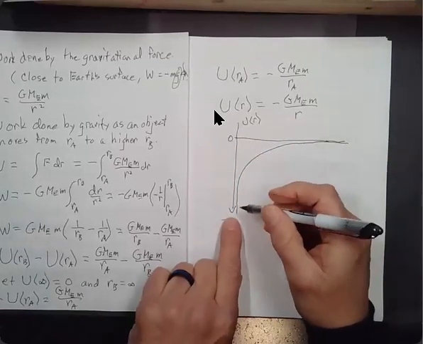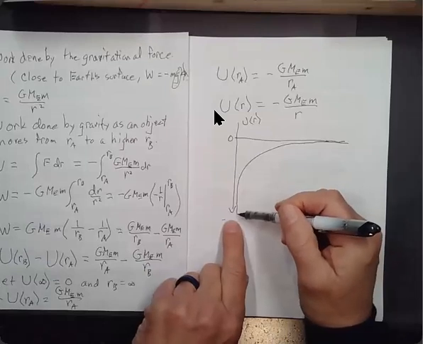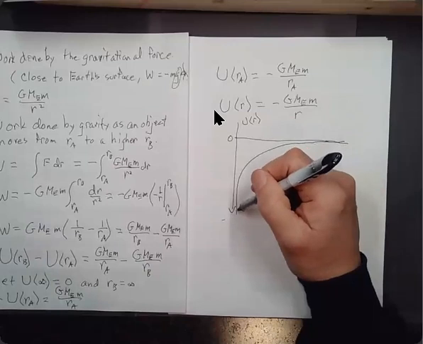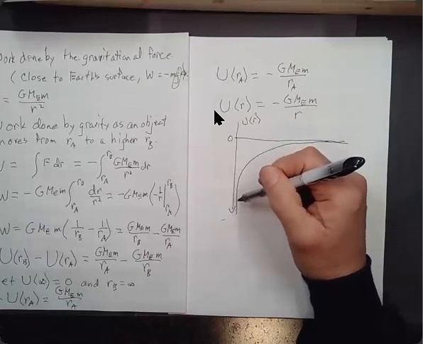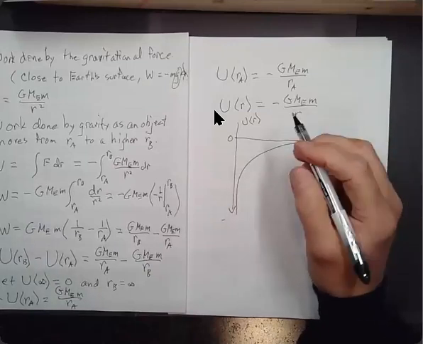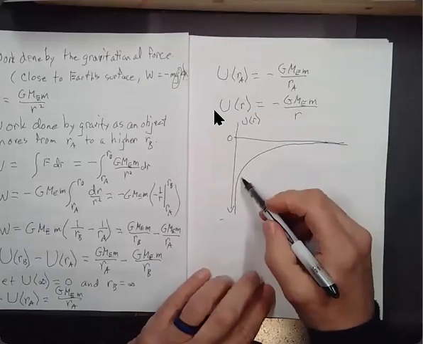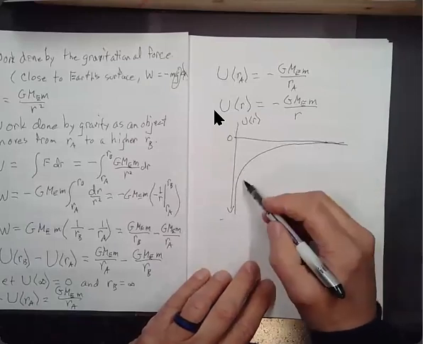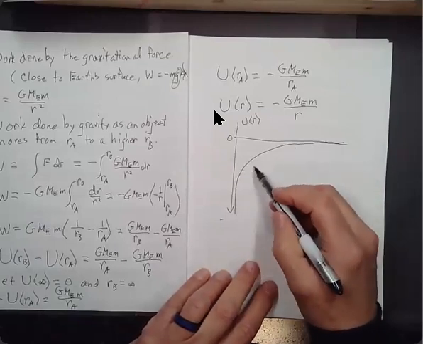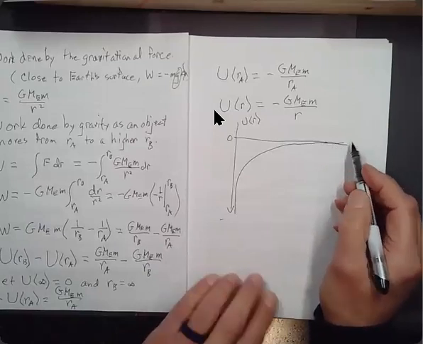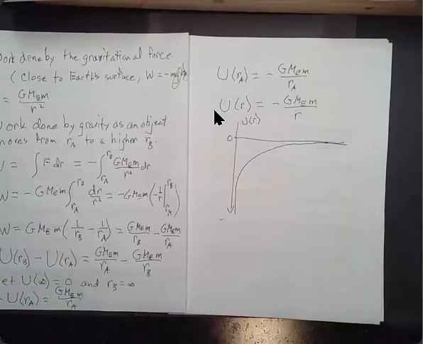And what I find out is, as I get very close to the center of the object, now there's a limit when you're talking about the center of the Earth. You can't get past the surface of the Earth. And so that part just doesn't mean anything. But as you go up there, you're climbing out of this potential energy hole and getting closer and closer to 0 as you go to infinity. But that's the best you could do, is to reach the 0 of gravitational potential energy.